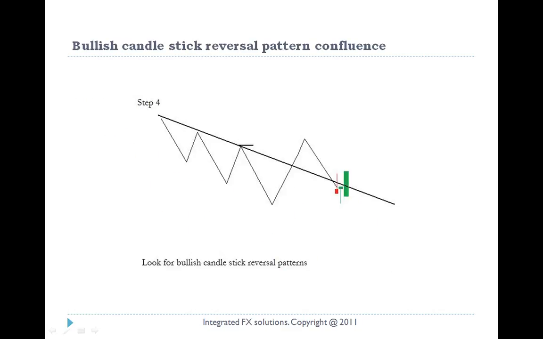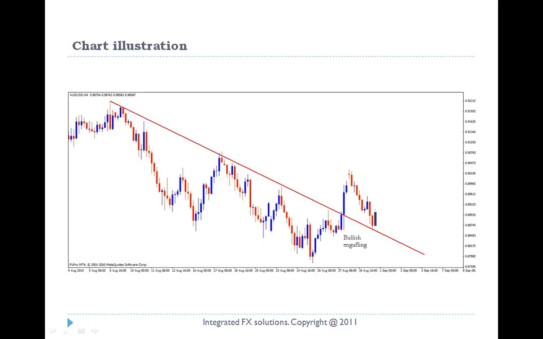Step 4, look for a bullish candlestick reversal pattern as confirmation for entry. Once price is retesting the broken trend line, a good trader will be looking to see a bullish candlestick reversal pattern as confirmation for entry for a bullish trade.